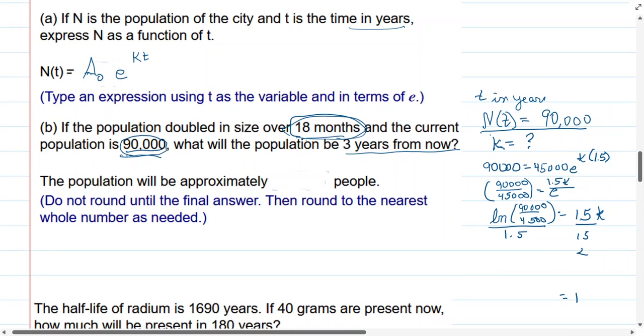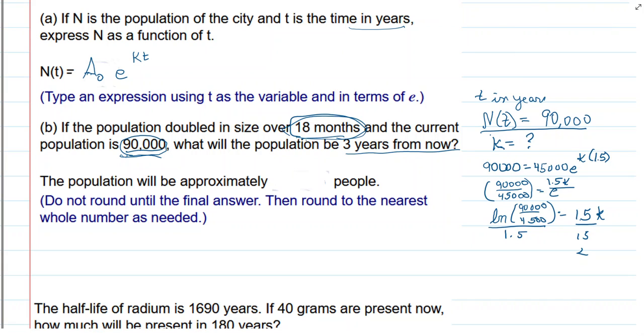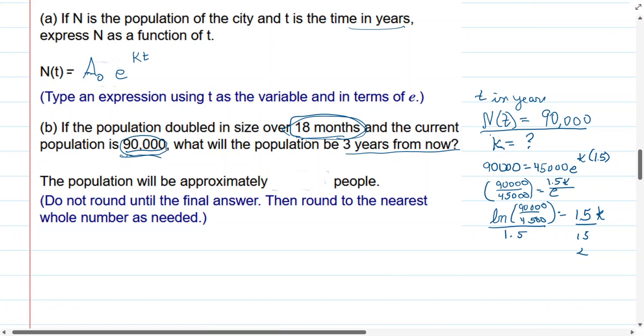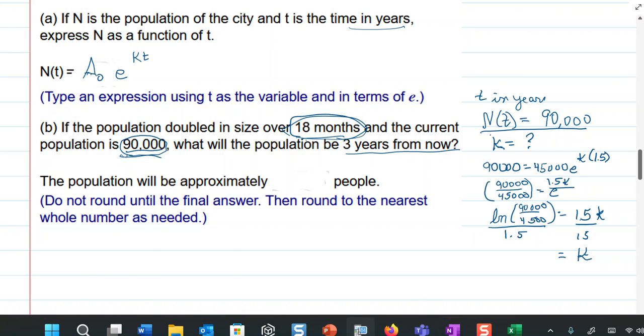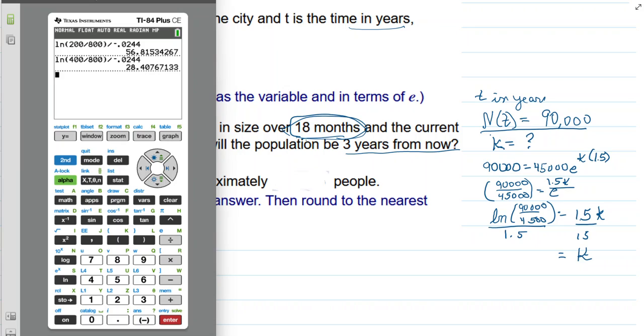I was saying, ooh, I don't know if I can get this thing to move, because I copied it from the book. Here we go. So I'm going to stick that in my calculator. So I'm going to have the natural log of a half and I'm going to divide by the 1.5.